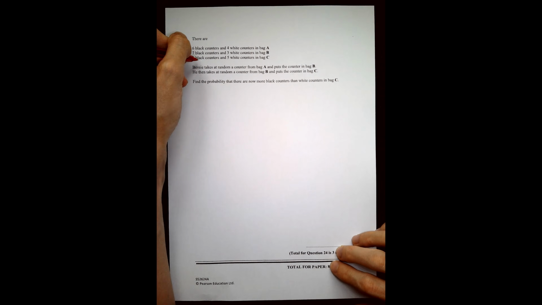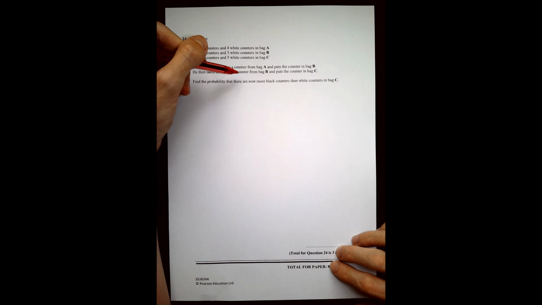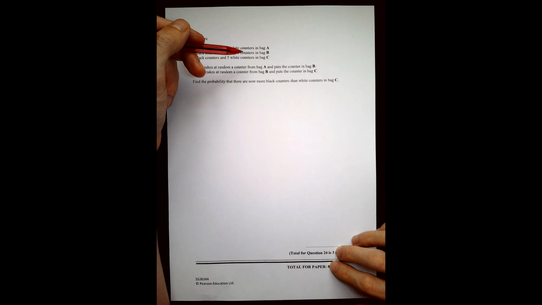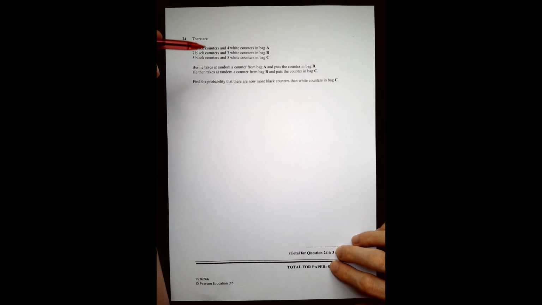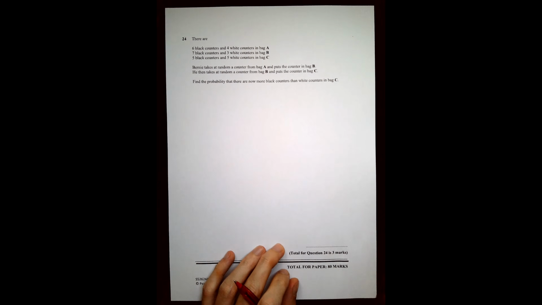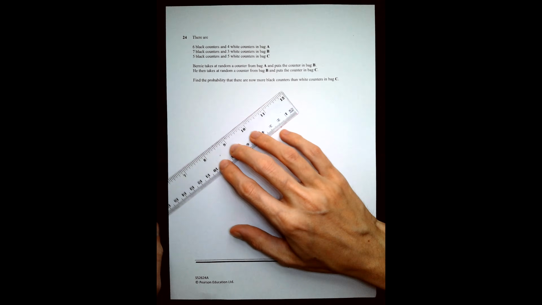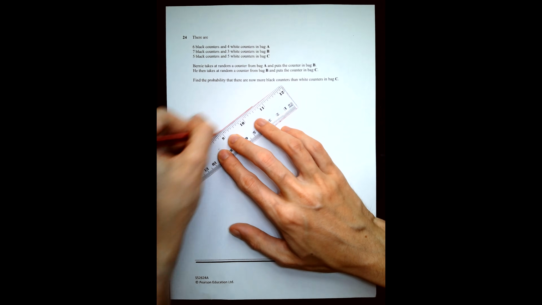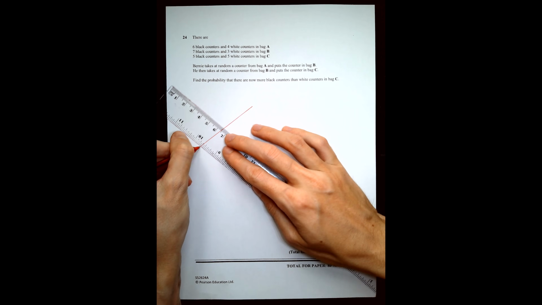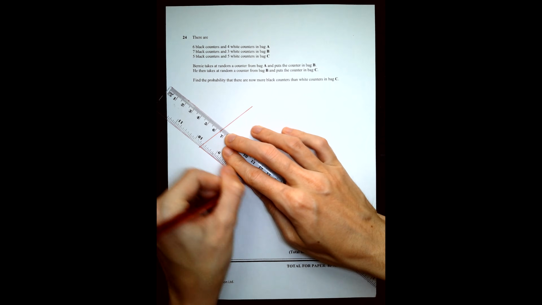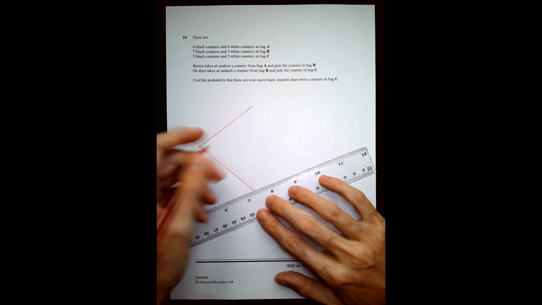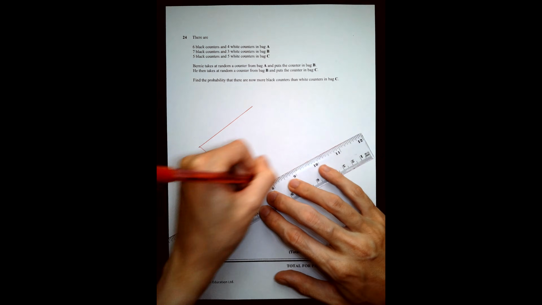So they're even at the start, 5 and 5. We want the probability there's more black counters in bag C at the end, which means from bag B to bag C, he's taking a black counter and putting it in. Okay, so really, although we've got 3 bags here, we're only looking at a 2 step tree diagram, where we're only really concerned with bag B drawing out a black counter.